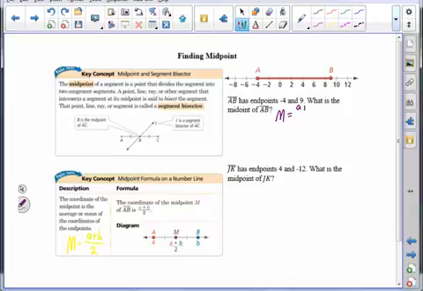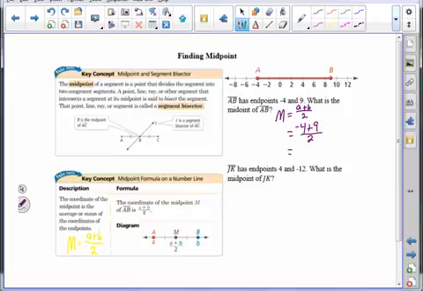So here I'm going to start by writing the formula. One of the things I will ask you to do in geometry, because there are so many of them, is that anytime you need to use a formula, I'm going to ask that you write the formula first. So the midpoint in this case is the coordinates for A plus B divided by 2. Substituting the numbers of our coordinates, I have -4 plus 9 divided by 2.